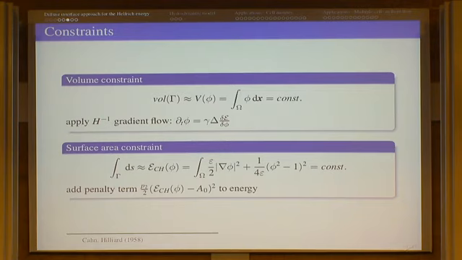You can also construct a penalty term for the volume of the cell interior, but then you have to deal with two penalty terms, and this can somehow be challenging. So that is why we apply this H-1 gradient flow.